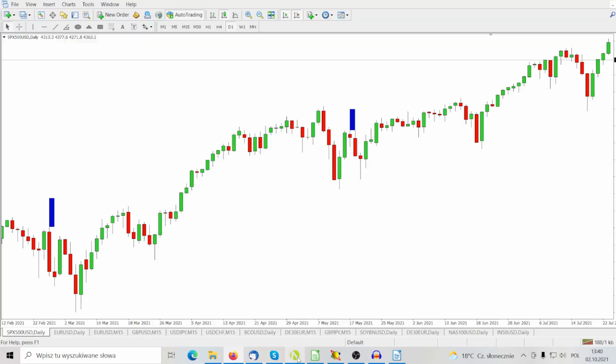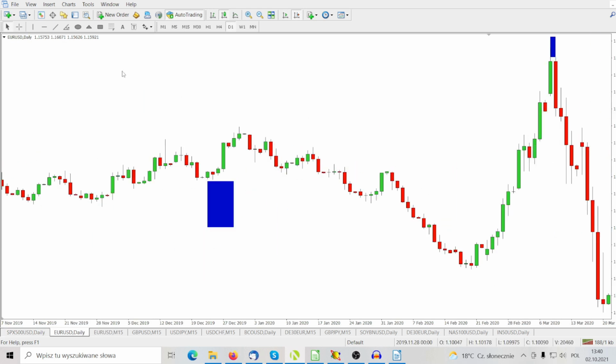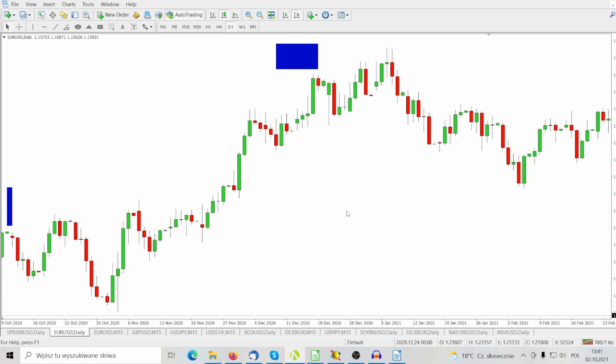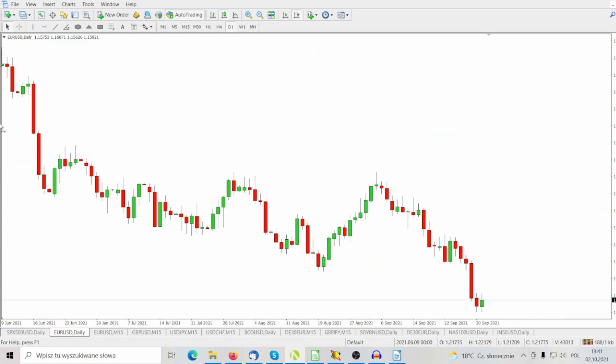It works much better. It didn't show over here on Standard & Poor's, which I've got on this daily chart, but I've got it on EUR/USD. Look again, I marked some dates here. Let's start.